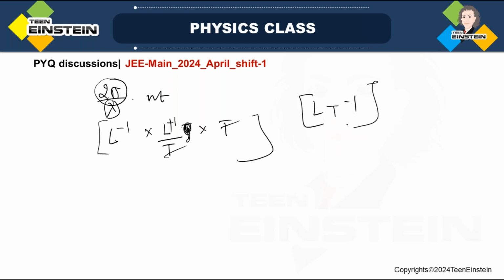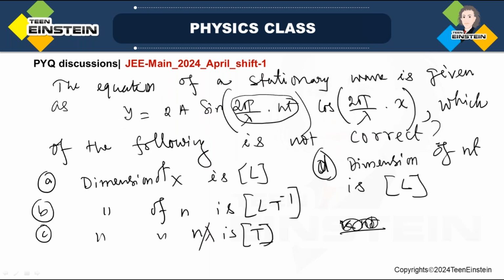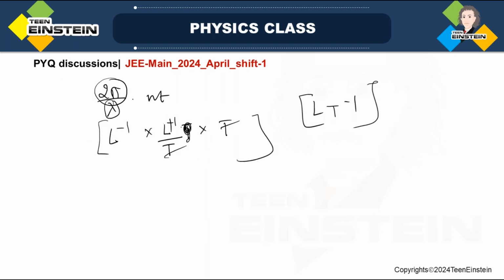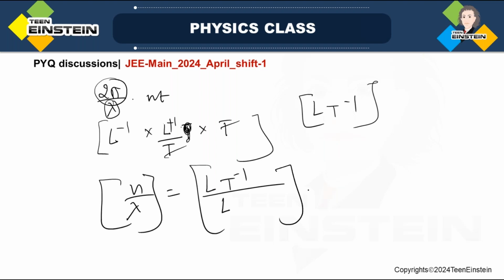Now one option is given n by lambda, right? n by lambda is T. Let us see: n means L to the power minus 1, and by lambda is this. So I have got time inverse actually, but here it is given only time.